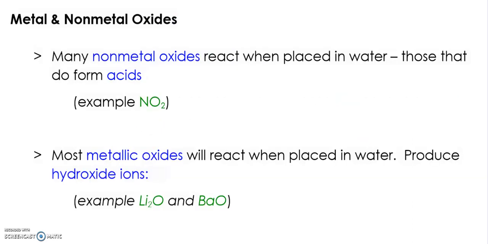So when you have nonmetal oxides and you put them in water, so think about what this means, a nonmetal oxide. So some nonmetal that is bonded with oxygen, and you put it in water, it will form an acid. So an example would be like NO2, for example. So let's say we had NO2, and we reacted it with water, right?